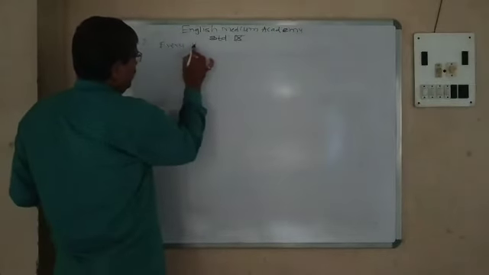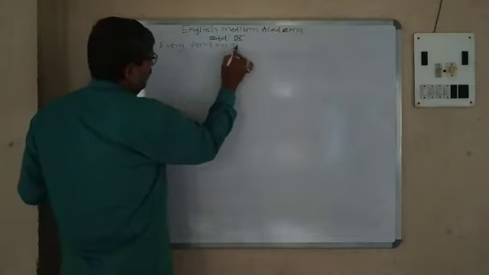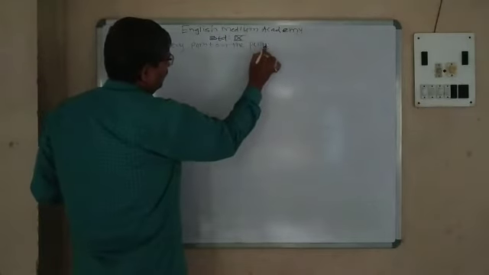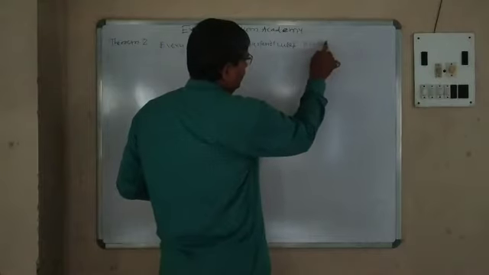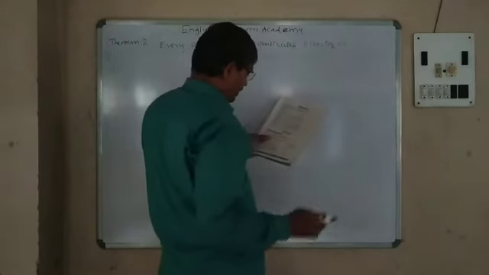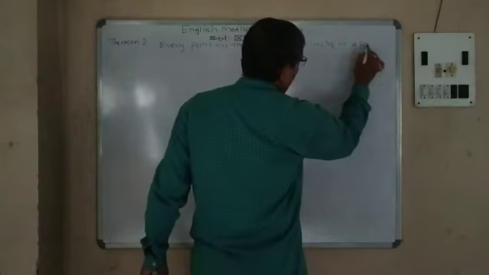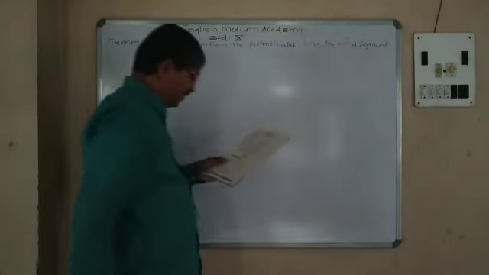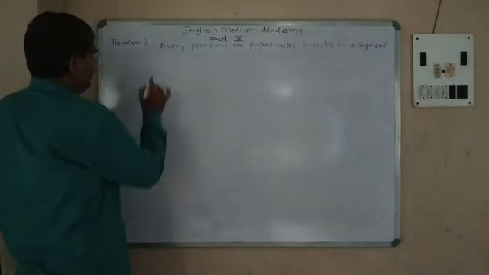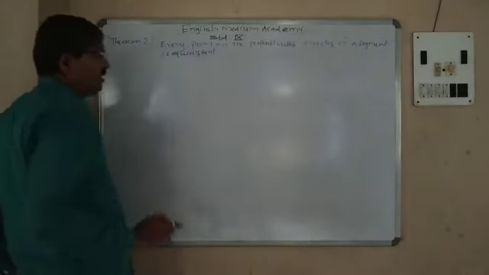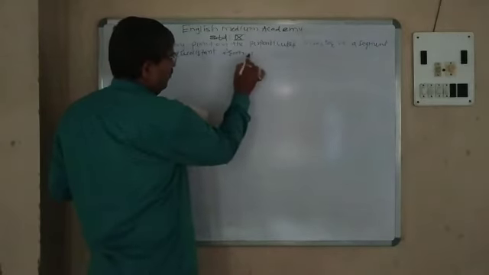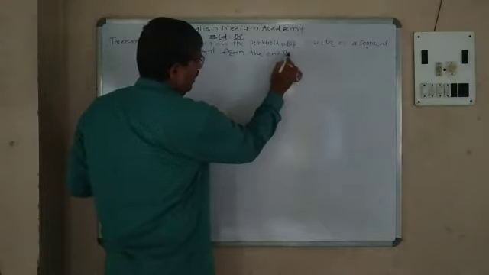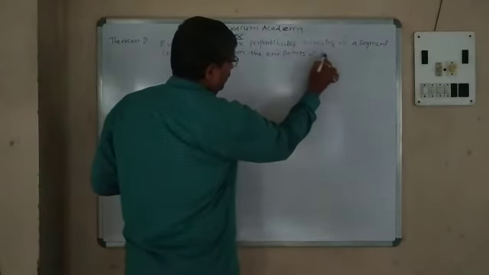Every point on the perpendicular bisector of a segment is equidistant from the endpoints of the segment.